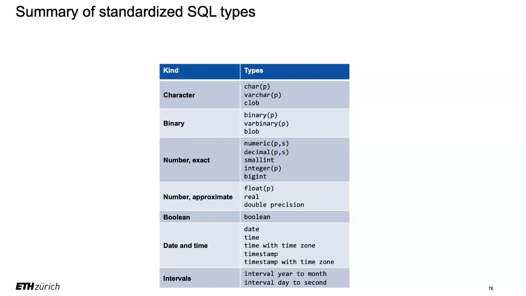You can actually use them. In doubt, and this is what I do, just look up the documentation. PostgreSQL has documentation, and it has a few pages on the types, and it also explains the details of how they behave. And if you have a doubt, you can just check it and see what happens. Okay.